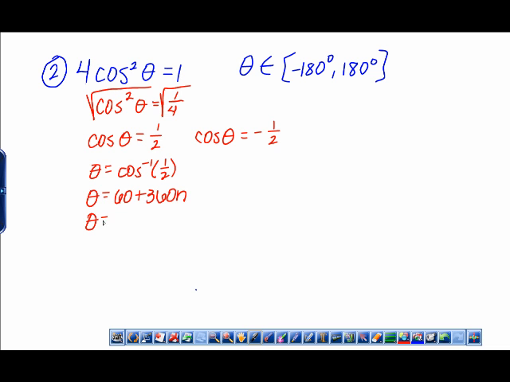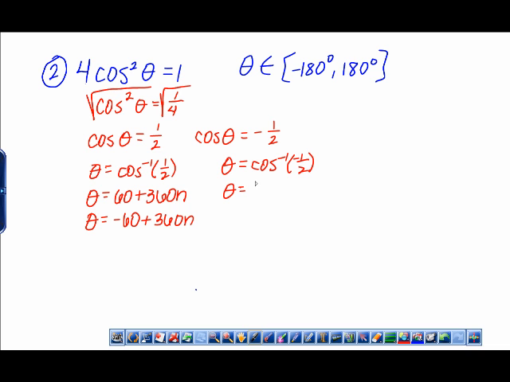And then I've also got negative 60. That's in quadrant 4. I could have put 300 here as well, but probably most of you would be thinking negative 60. And then something very similar over here. I have theta is equal to arc cosine of negative 1/2. So I need to be thinking about, well, what are the quadrants? It's still a 60-degree reference angle.